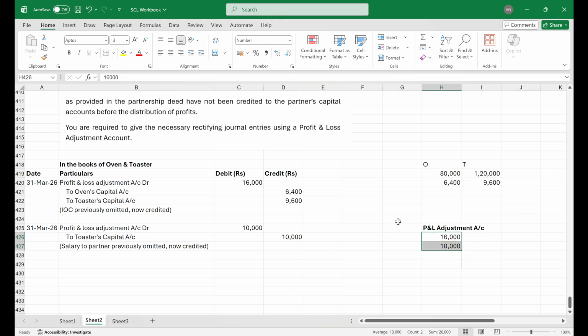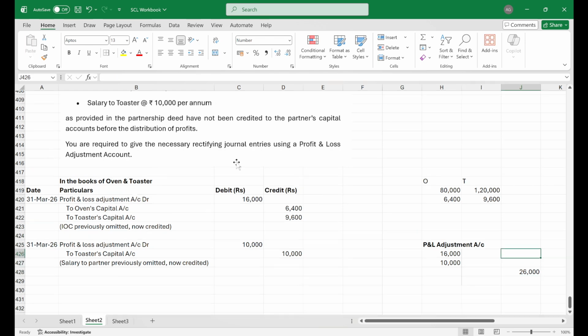Because of this, there is an extra debit or a new debit of 26,000 to the firm. This is like a new loss for the firm to the extent of 26,000. Now any profit or loss will ultimately be borne by whom? The partners only.